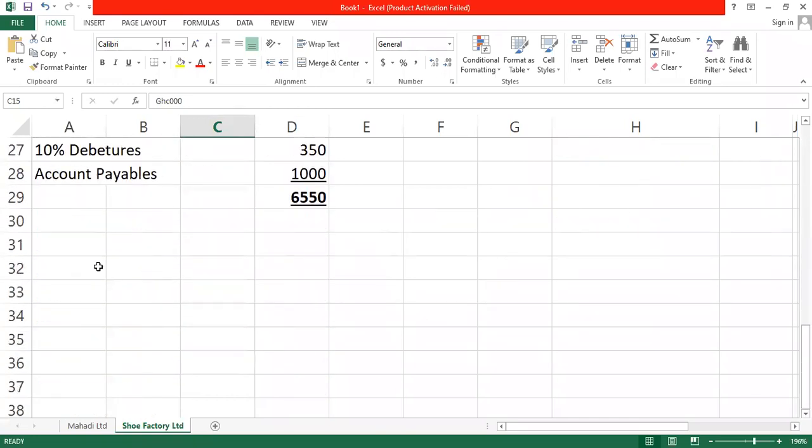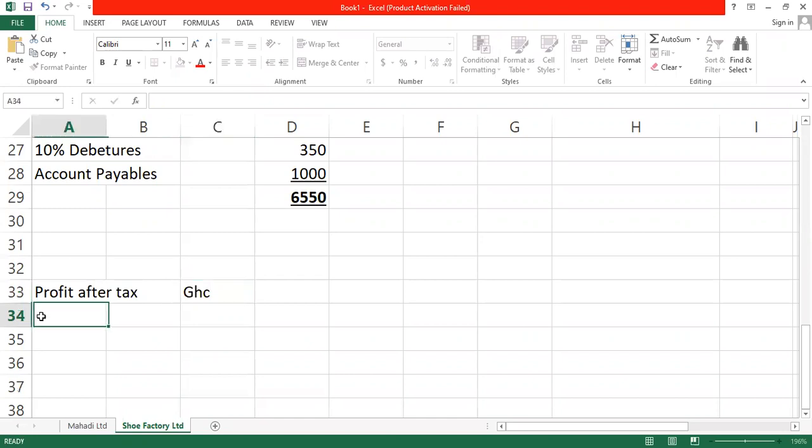So let's compute the profit after tax, and also the earnings per share. The first thing that we have to do is to know the profit before interest and tax. So profit before interest and tax is what? 400,000 every year, isn't it?